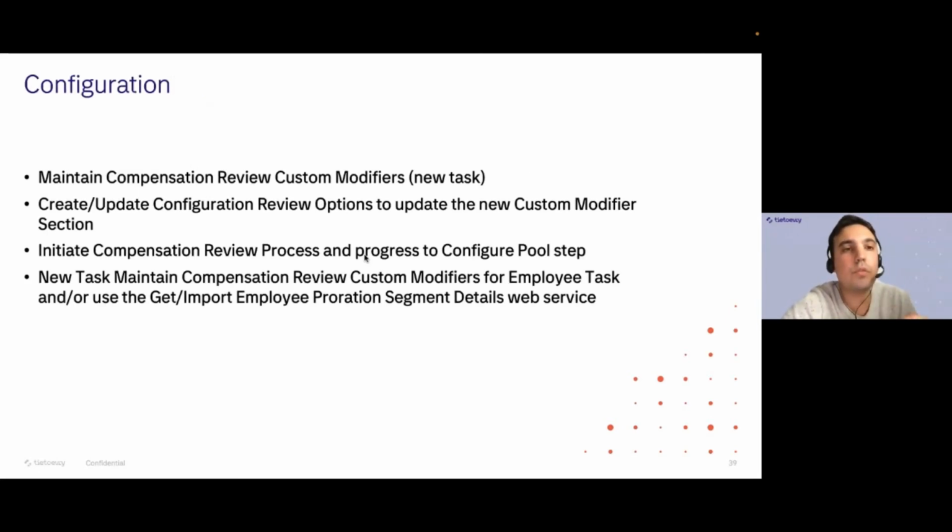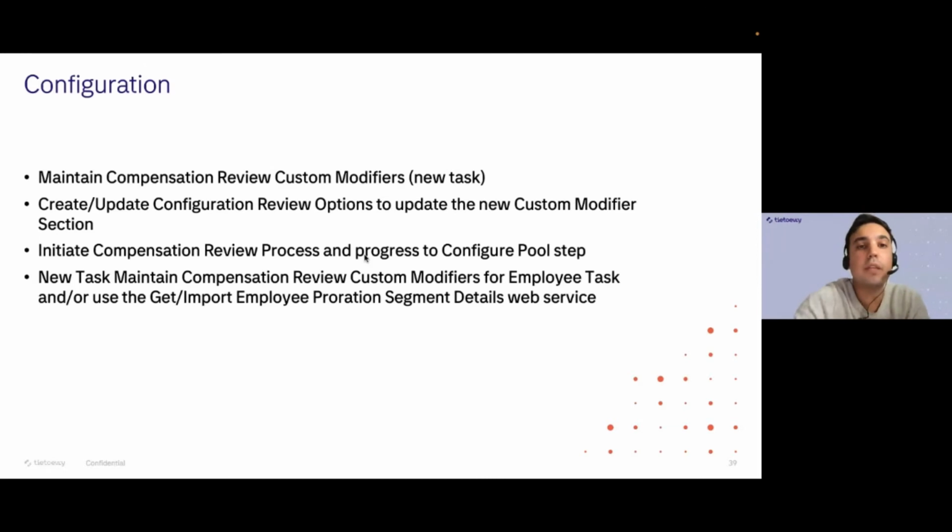What you need to do: there is a new task called Maintain Compensation Review Custom Modifier. You need, of course, to update your configuration review options to include this new custom modifier section. We will go through a demo and you will see this. You need to initiate your compensation review process and progress to the configure pull step.